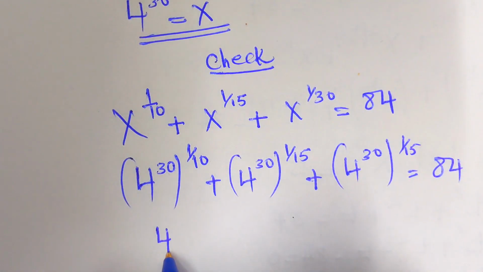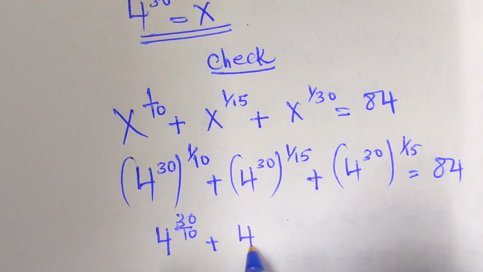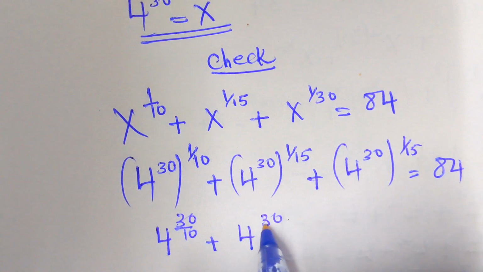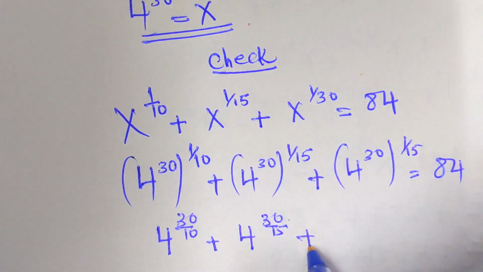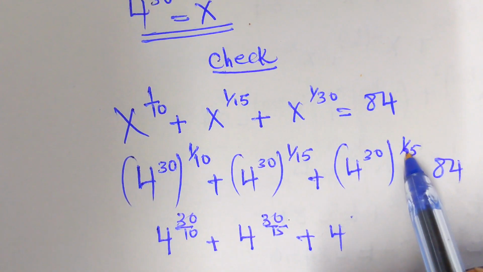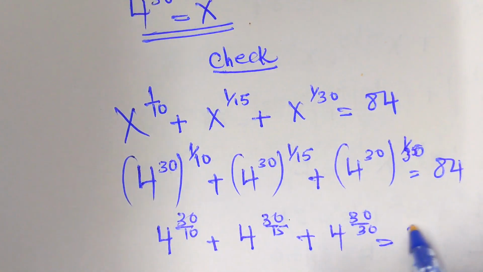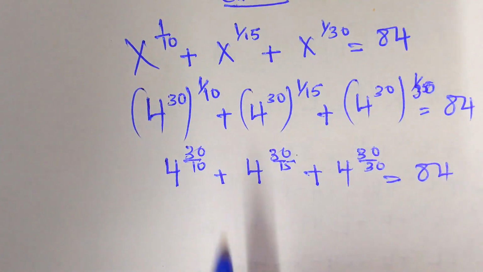This is equal to 4^(30/10) + 4^(30/15) + 4^(30/30), which equals 84.